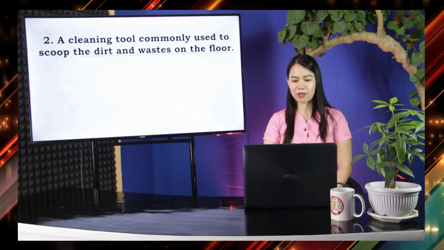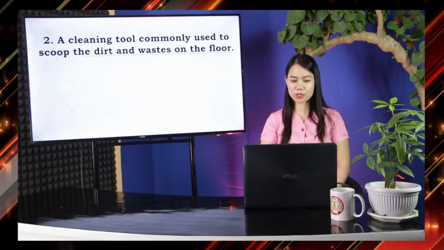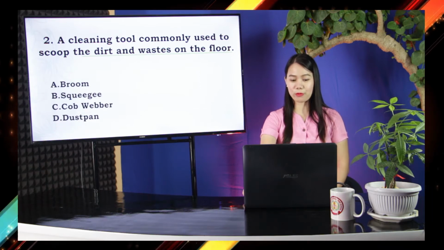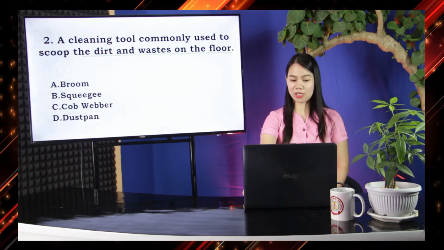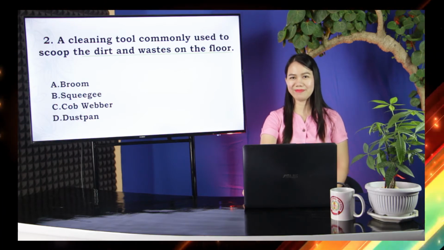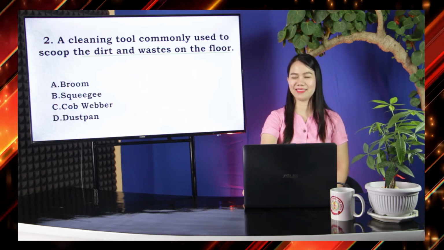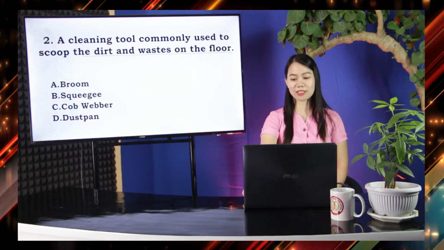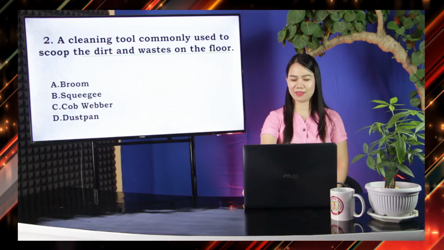Number 2. A cleaning tool commonly used to scoop the dirt and waste on the floor. A. Broom. B. Squeegee. C. Cobwebber. D. Dustpan. The correct answer is letter D. Dustpan.